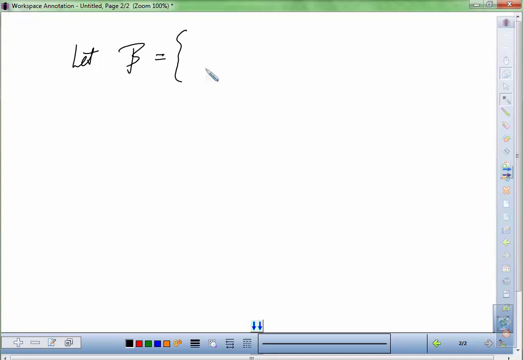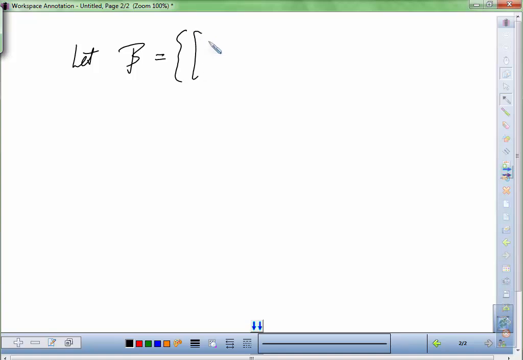So let's try to approach this with an example and see if I have any drawing skills. So let's let B. Yeah, a set of basis vectors can be any vector, and they don't have to be orthogonal, as long as they're linearly independent.